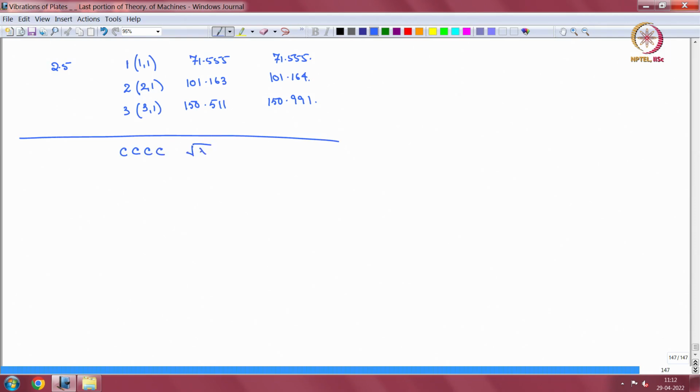The root lambda parameter for alpha 1, first mode 1,1, is 35.988 and 35.9855. The second mode is 2,1, the third mode 1,2, and this is 73.413 and 73.395, the same value.